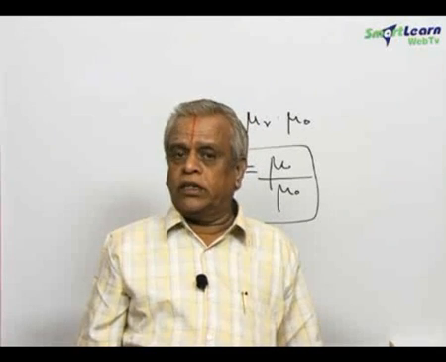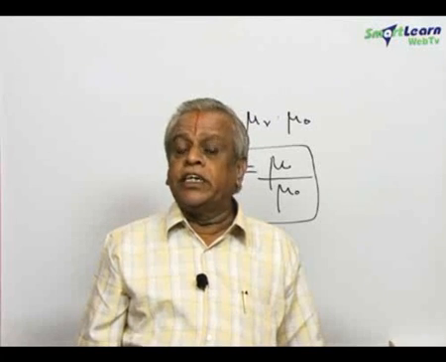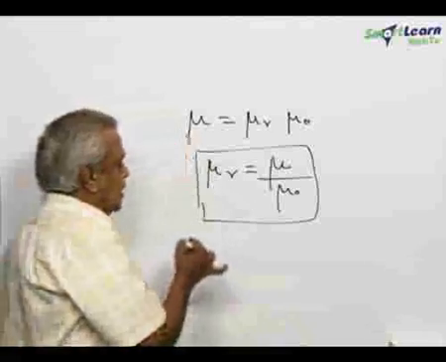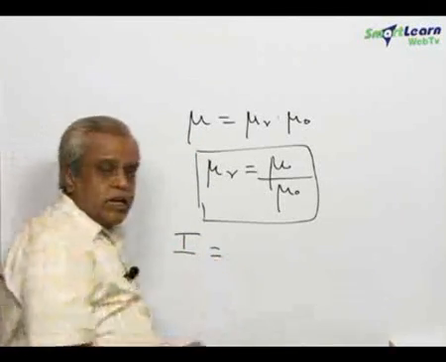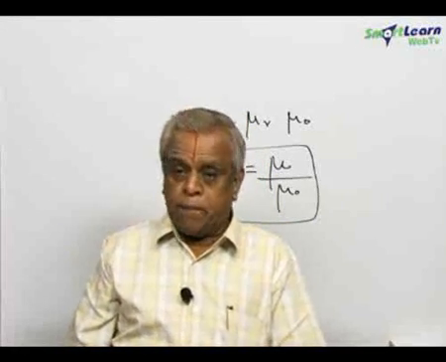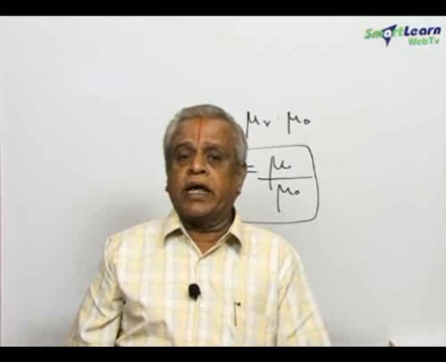Now we are going to consider another important term known as intensity of magnetization. I is known as intensity of magnetization. I already told you that if a piece of iron is kept in a magnetizing field, it acquires magnetism.